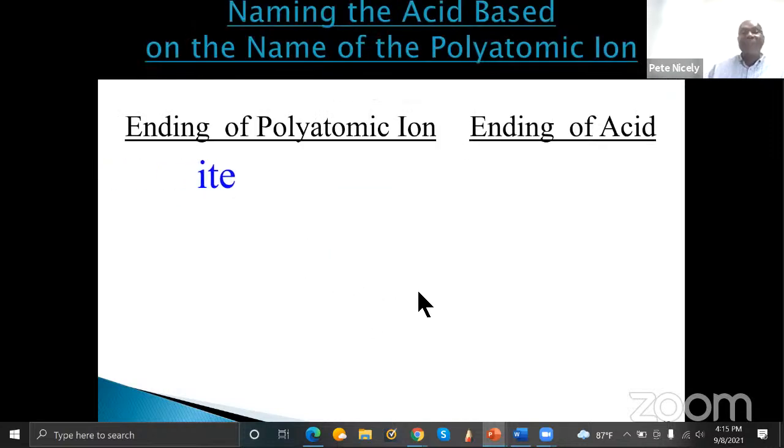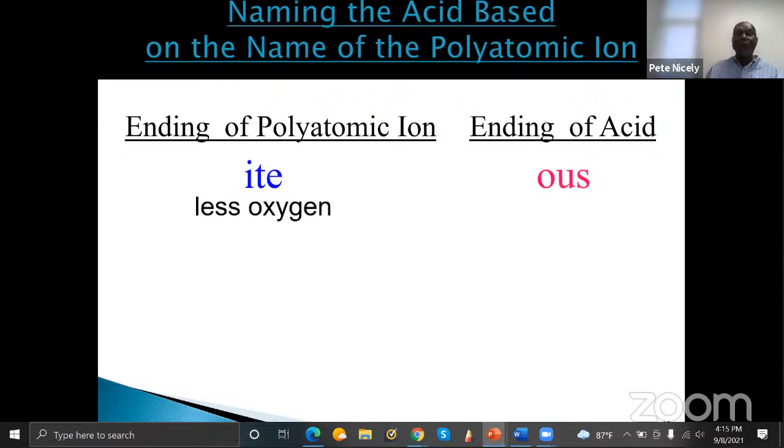Okay, so how do we determine the name of the acid? Well, one way of approaching this is by looking at the name of the corresponding polyatomic ion, all right? What you see on the screen here is how we determine the name of the acid.